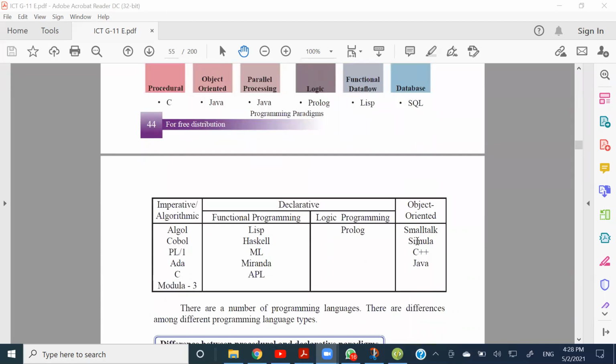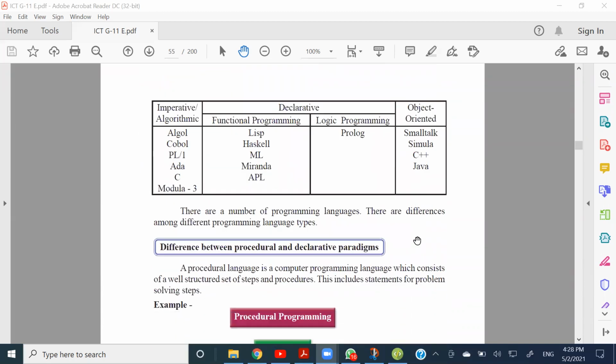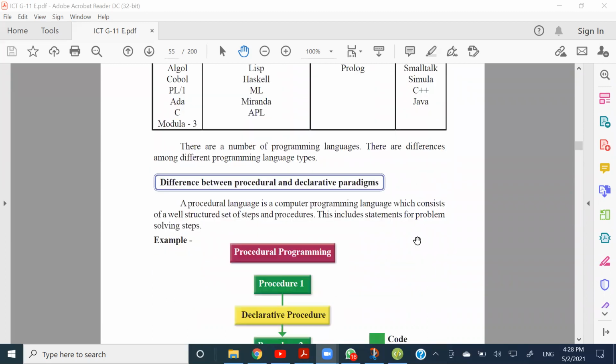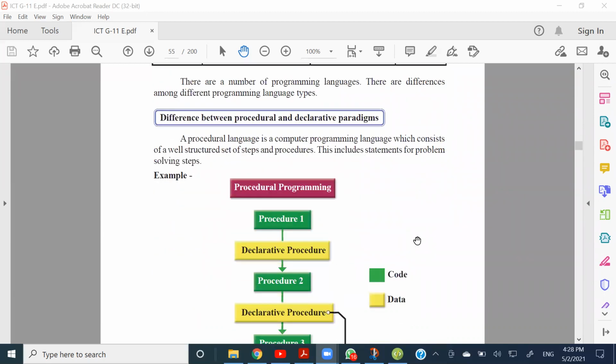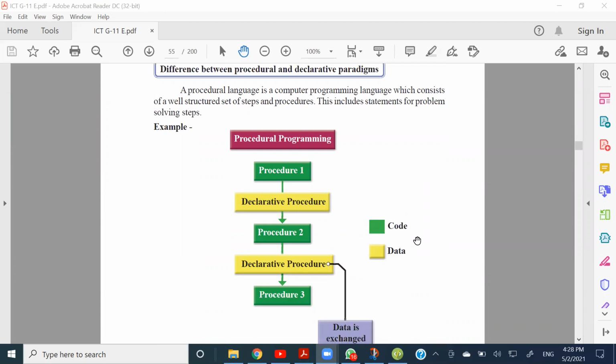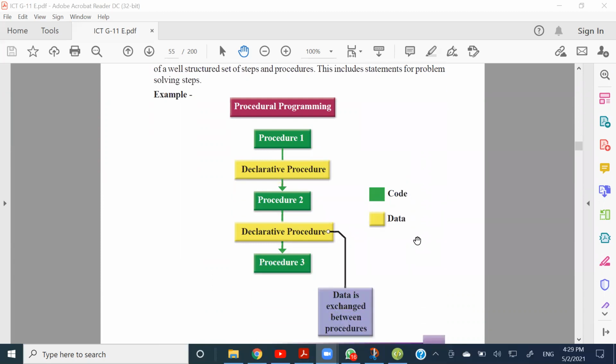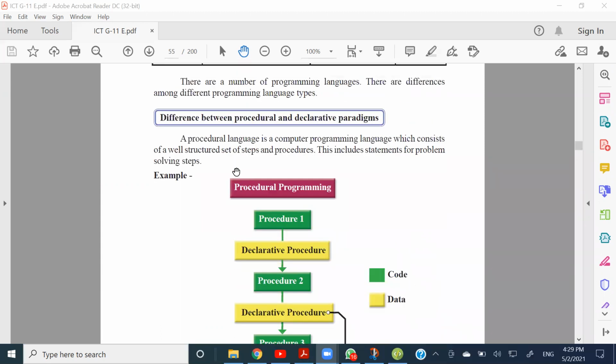And here they are introducing the difference between the procedural and the declarative paradigms, right? So procedural programming happens according to a procedure, or according to a sequence, right? As it says, the procedural language is a computer programming language which consists of a well-structured set of steps and procedures, right?